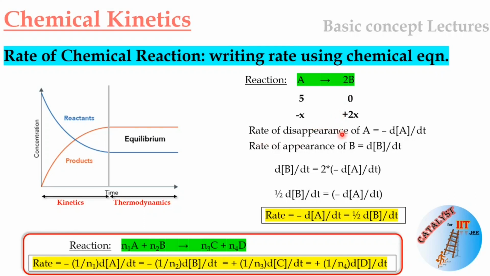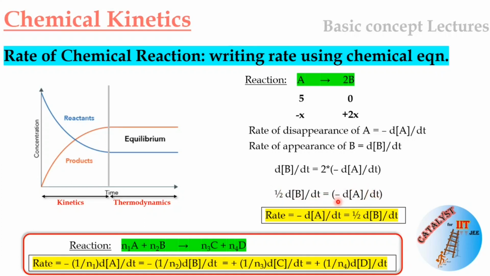So the rate of disappearance of A we can say is minus dA by dt, and the rate of appearance of B will be dB by dt. So dB by dt is 2 times minus dA by dt, as you can see from here. Now you can take this 2 to this side, and write half dB by dt is equal to minus dA by dt.